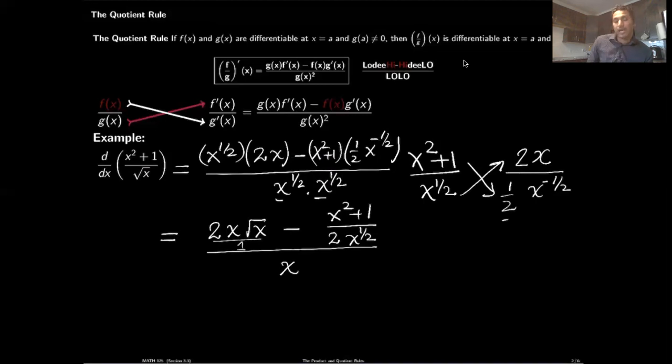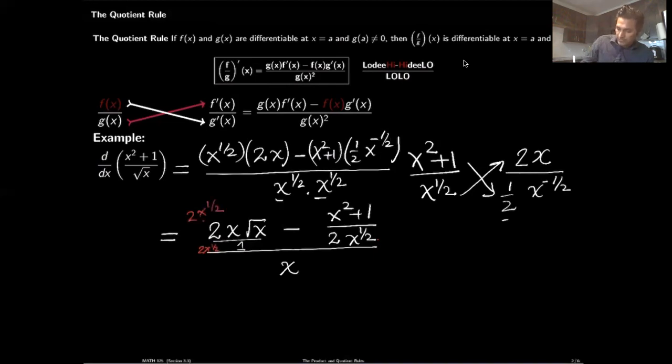In order to add or subtract these two functions, we have to have the same denominator. So first we will make the same denominator so we can subtract them. The denominator of this function is 2x to the power 1/2, and the other denominator is 1. So I will multiply this by 2x to the power 1/2, and also multiply by 2x to the power 1/2 in the top.